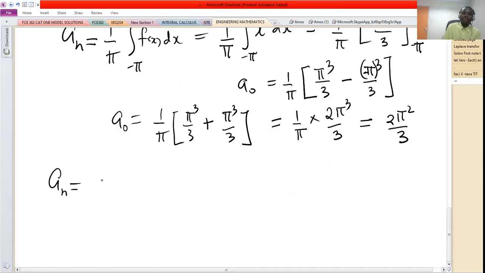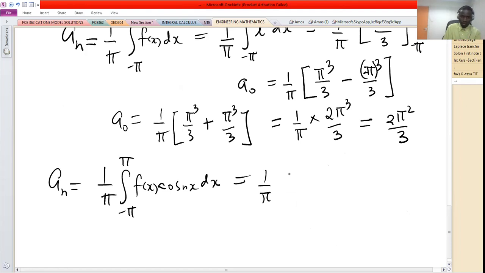An, by definition, is 1 over pi integral from minus pi to pi of f of x cosine of nx dx, which will be 1 over pi from minus pi to pi x squared cos of nx dx.